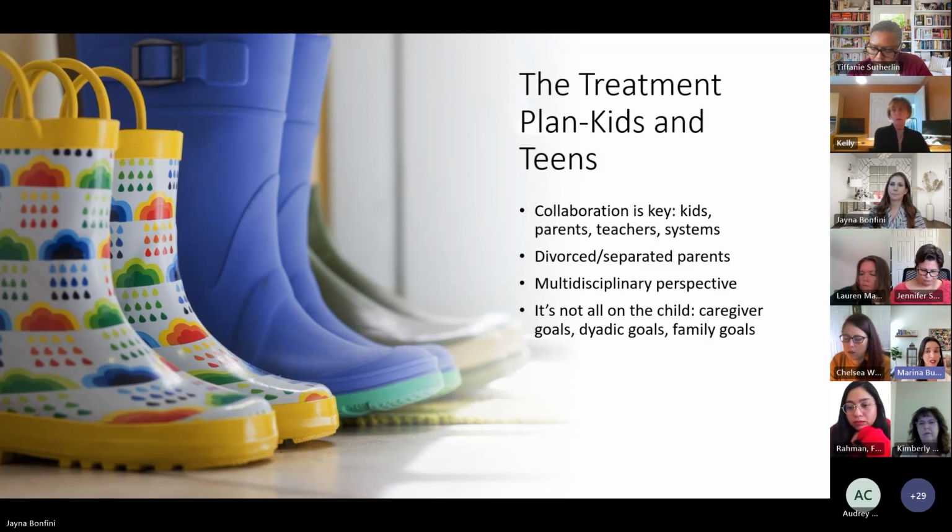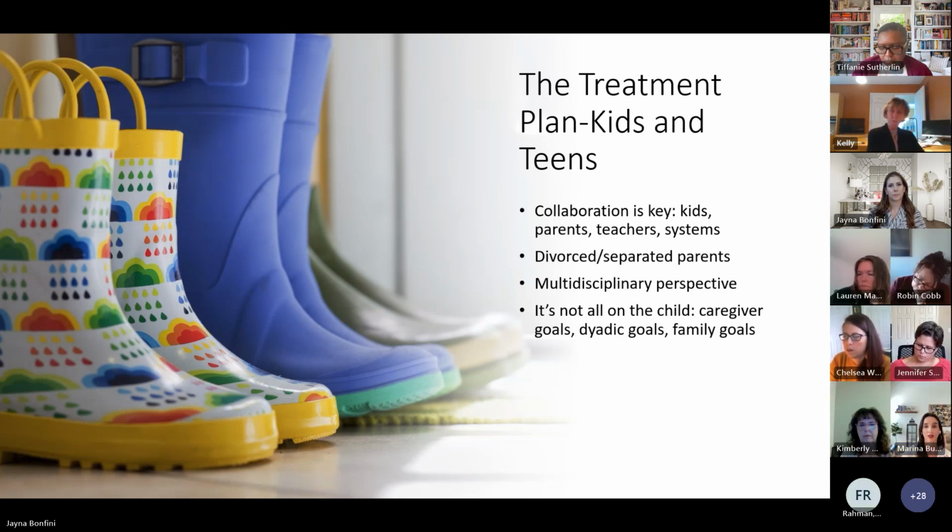There's also other systems that children and teens may be a part of, such as child welfare. So we need to always remember the context, right? The child may be in foster care, a group home, a residential facility. Understanding the context of the child's environment is essential to a thorough and informed treatment plan, and also collaboration with those adults in that child's life.